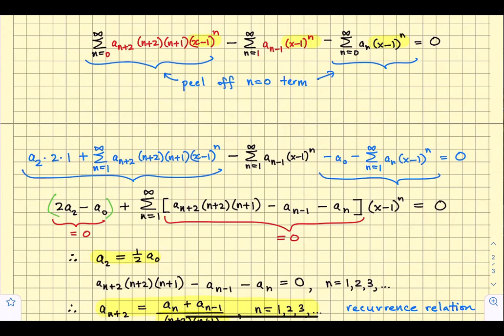So when we gather these terms together, we get 2a2 minus a0, which we'll keep together, plus one big summation, and what's inside the sum is an plus 2 times n plus 2 times n plus 1, minus an minus 1, minus an. So that's what we see in the brackets here, all times x minus 1 to the n.